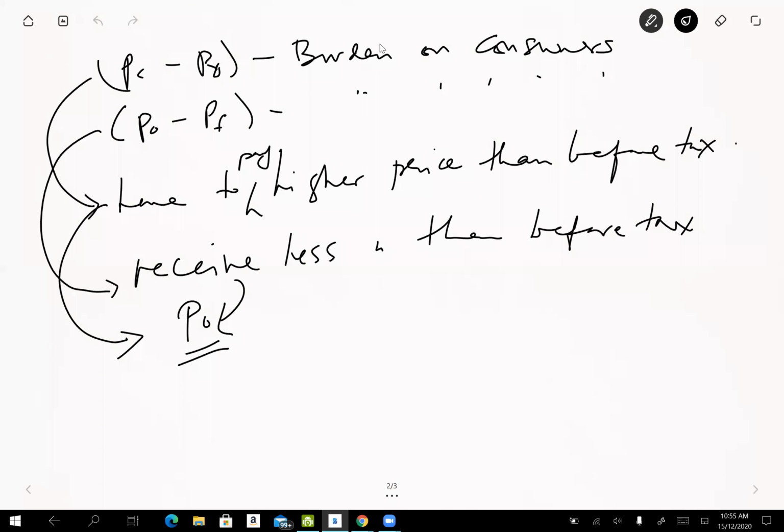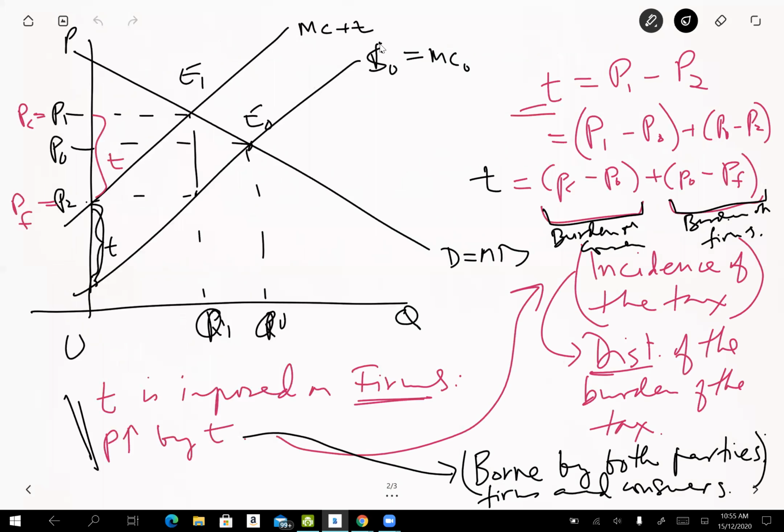Now, for the example, if you look at the book, it uses numbers, so we follow the numbers used by the book. The book puts P0 equal to 1, so we just use that number.